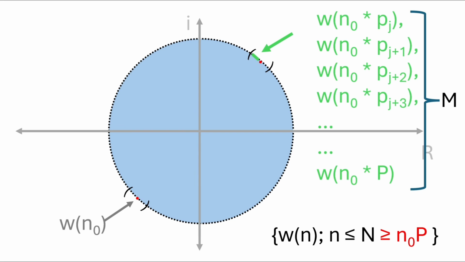As long as capital N is greater than or equal to n naught times capital P, then the interval will contain however many points we've decided to add. And of course, when n gets that large, the interval might contain a lot more points by coincidence, but it contains at least as many as we have deliberately added, right?